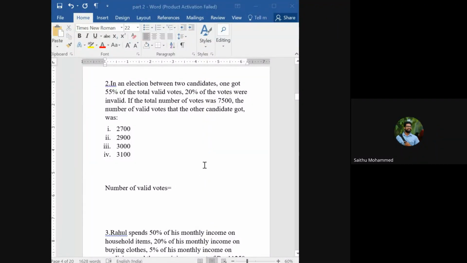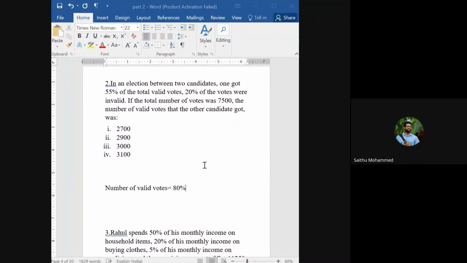So now we have got that only 80% votes are valid. Coming back to the 7,500, out of 7,500, 80% is what we have to find.